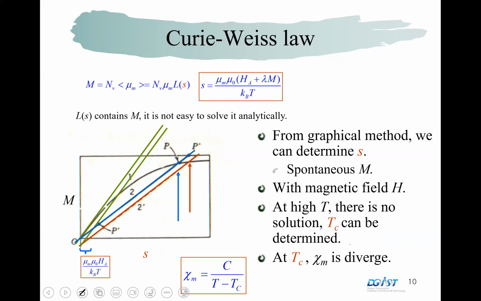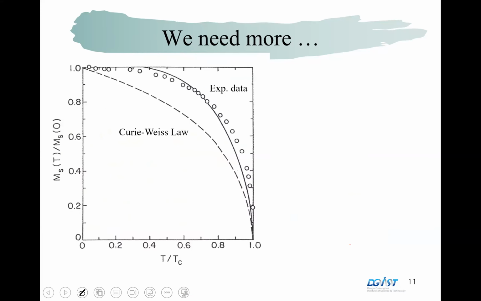Okay, and there are some descriptions. Please remember that. And from this idea, we can obtain the Curie-Weiss law, the magnetization versus temperature dependence. It shows such a curve.